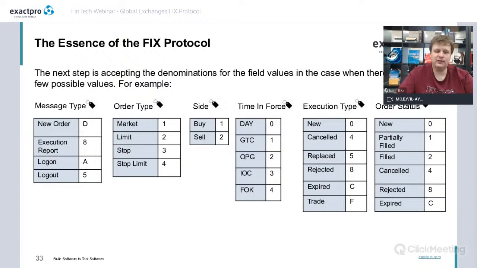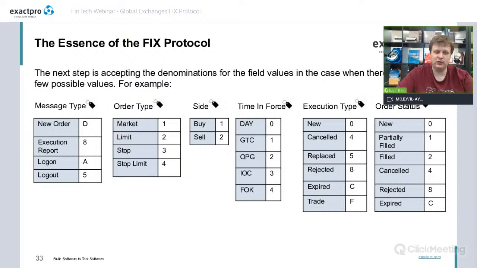It is one thing. And another thing is that there are several types of values. And one of the most common types of values for the fields in protocols is enum type. It is when there are several different possibilities for a field.